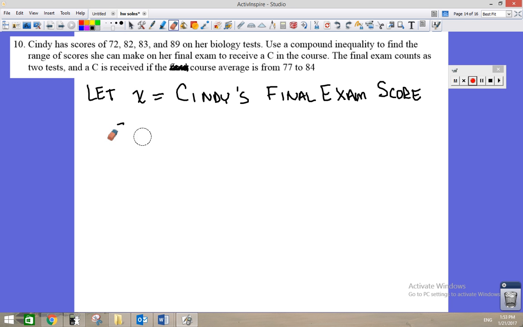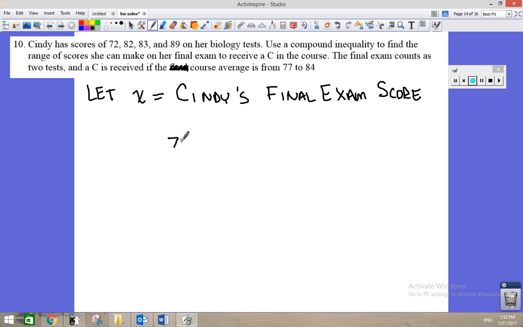Well, how do you determine an average? You determine an average by adding up all the values and dividing by the number of values that you added up. So let's find her average test scores.